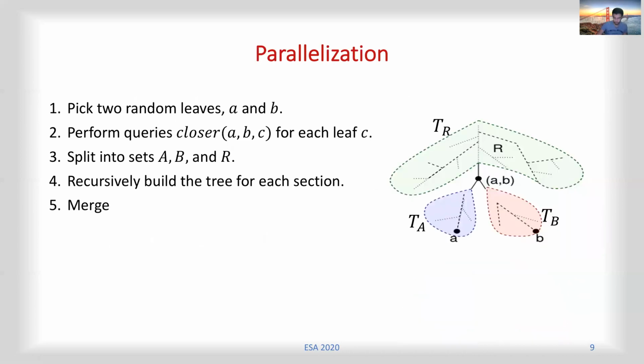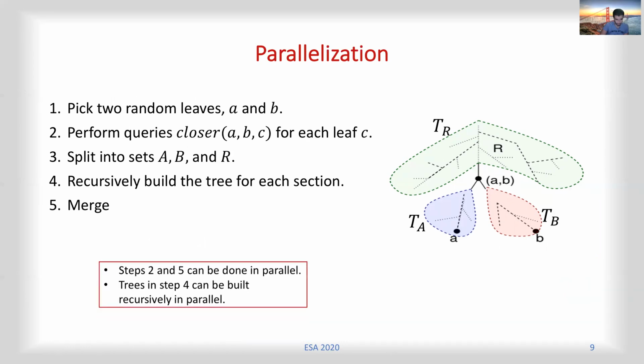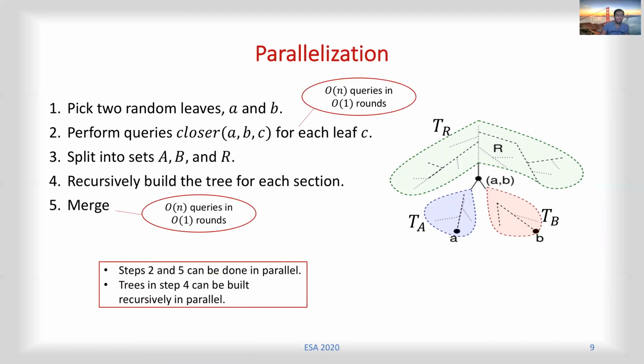So steps 2 and 5 can be done in parallel, and they take O of n queries and one round each of them. And obviously we can recursively build the trees for each of the sections in parallel.